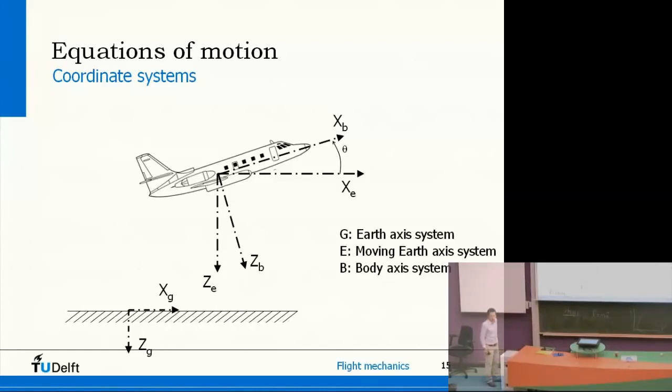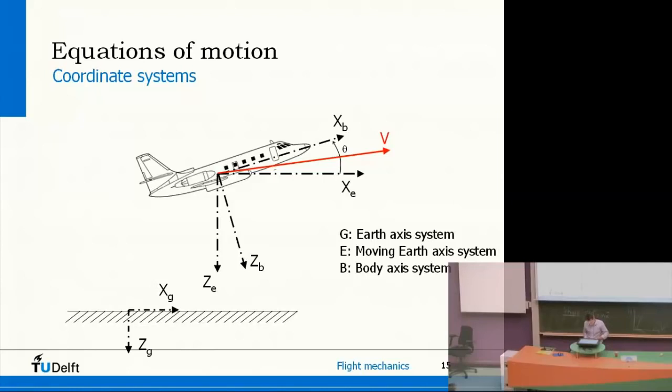Now, body axis system is fixed to the plane, and the x-axis is pointing through the nose of the aircraft. So you can see straight away that there's an angle called theta.